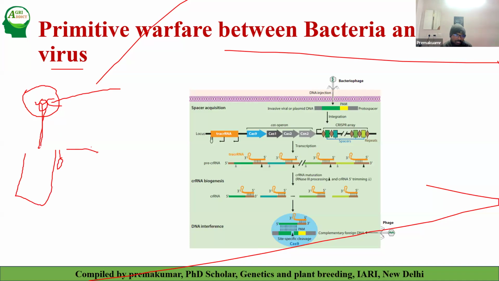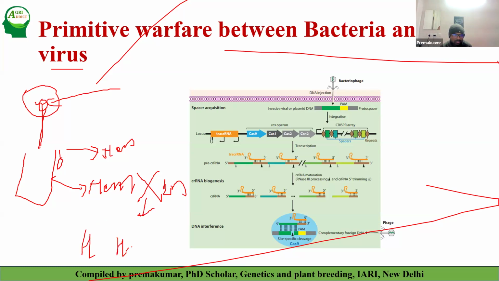Definitely it will be hemizygous in nature. Then you allow it to produce pollen. The pollen produced is hemizygous in nature. Then you are crossing, selfing or whatever it may be, and you get segregation for hemizygous, homozygous, and heterozygous.